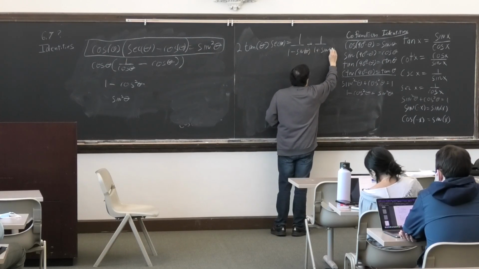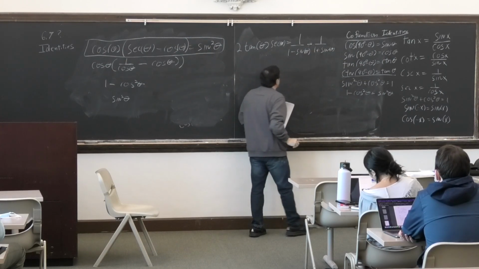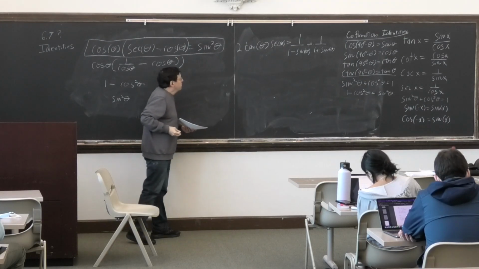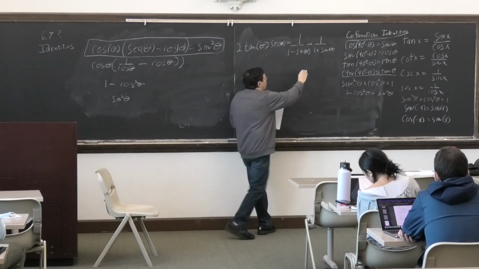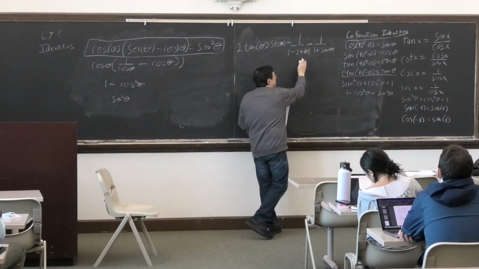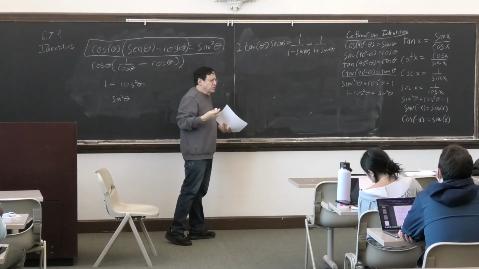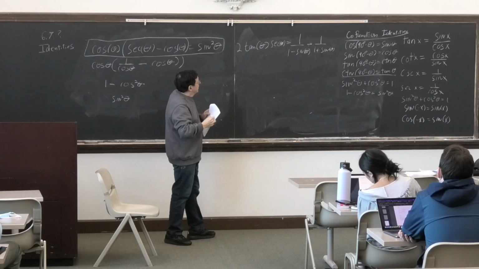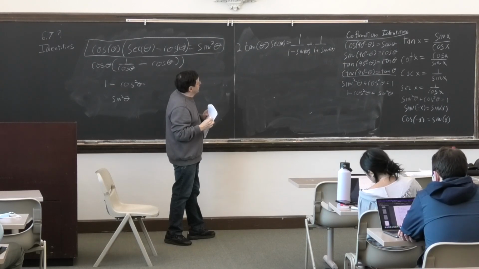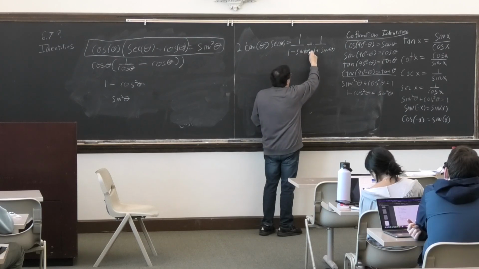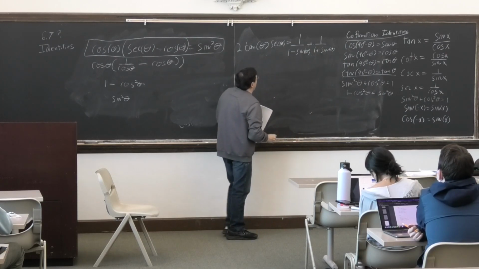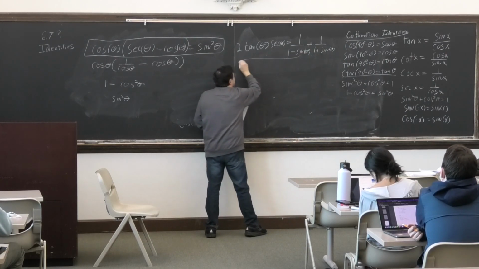And keep these theta. We're going to follow this side down. Somehow it looks like it might be simpler. So again, we're going to put these over a common denominator.